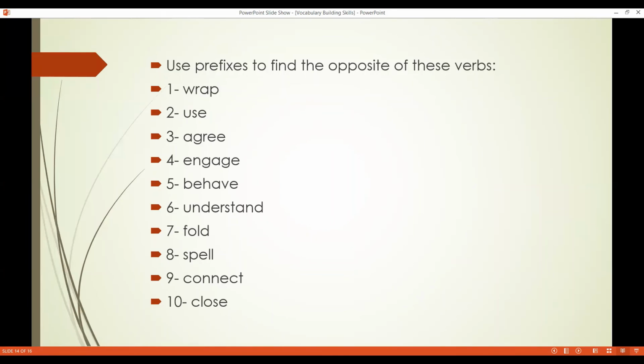As I have told you earlier, we are going to go from easy to difficult. So wrap, unwrap, agree, disagree, fold, unfold. It is very easy, and you could do it quickly in just a matter of minutes.